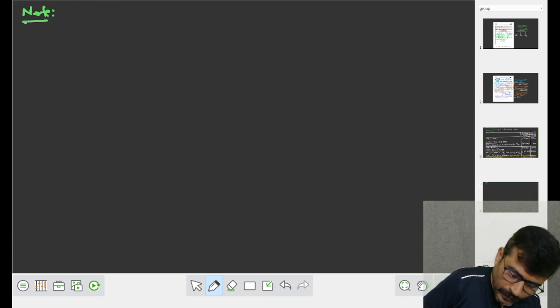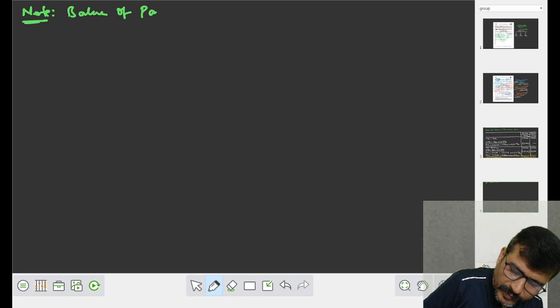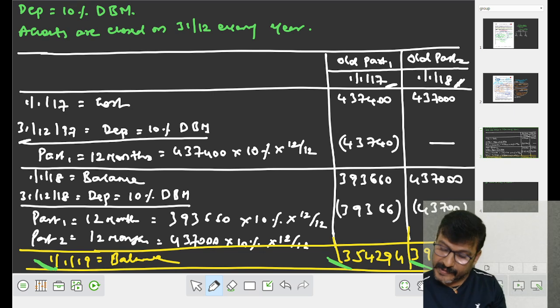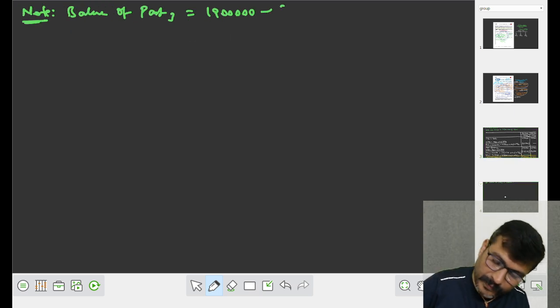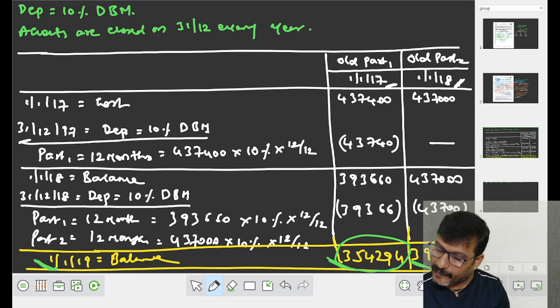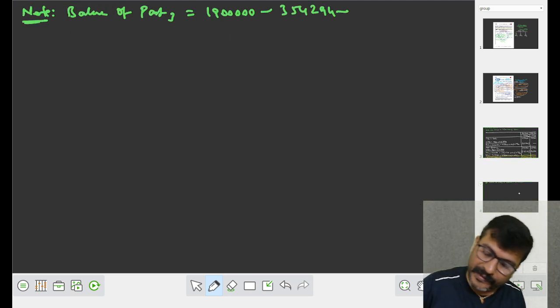Note: balance of part 3. How to work out? Out of 19 lakh, subtract part 1, 3,54,294, and also subtract 3,93,300.